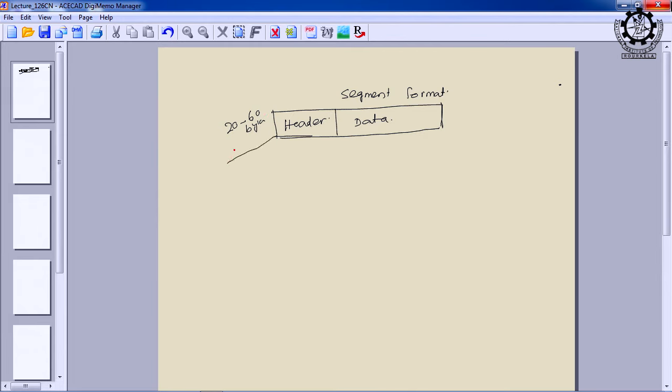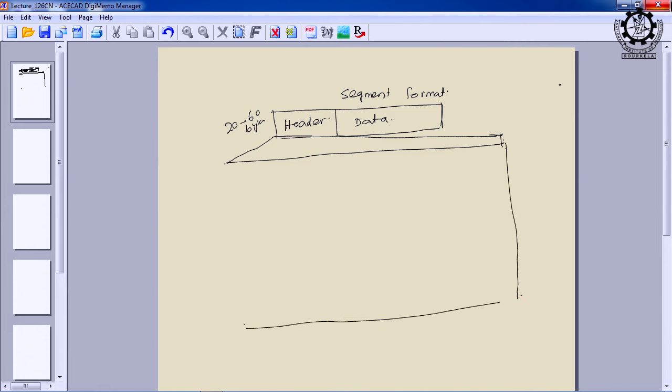So, what are the different fields in the header format of TCP? We will see. We have a set of 4 byte words, that is 32 bit words. Minimum should be 5. We will see the minimum words and then we can have the optional or extra words.